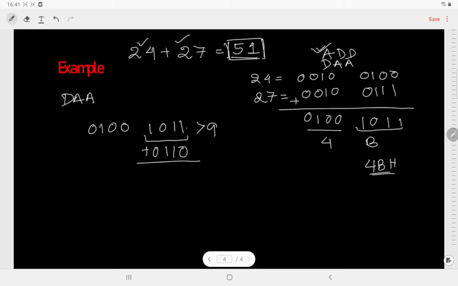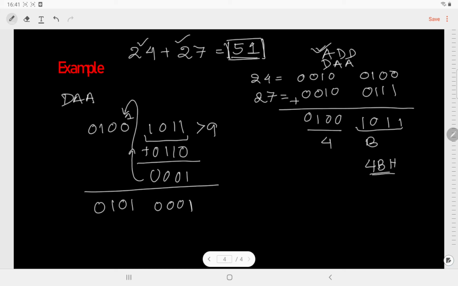When we add 0110, we will get 0001, and there will be a carry 1 which will go to the upper nibble. So the final result will be: the lower nibble will be 0001 and the upper nibble will be 0101, because we have got a carry from the addition of the lower nibble.